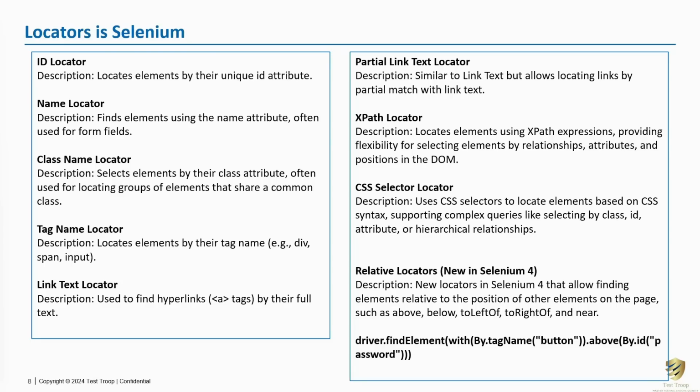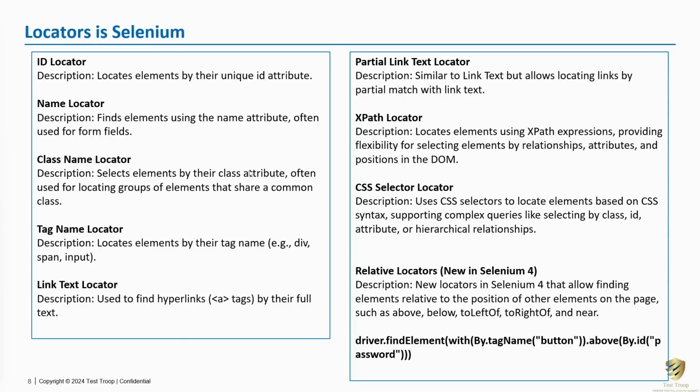So choosing the right locator strategy is crucial for test stability and reliability. Even though Selenium exposes a lot of locators to identify a web element, choosing the locator is very important to have the stability and reliability of your test script.